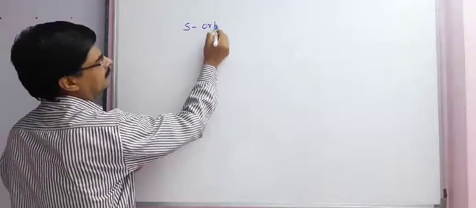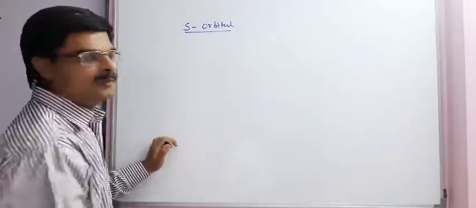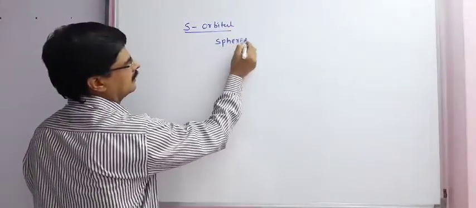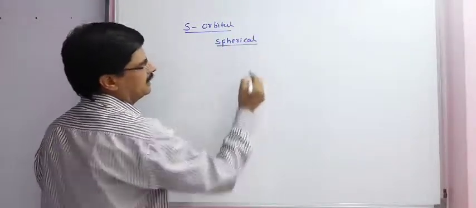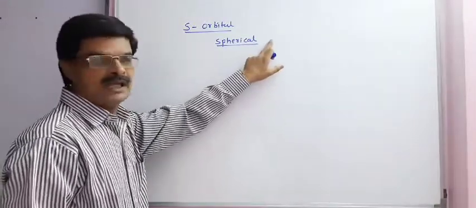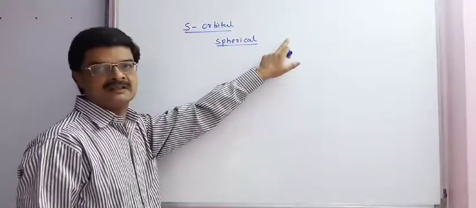S orbital. S is spherical. It means to find out the electron around the nucleus is same at all distances.